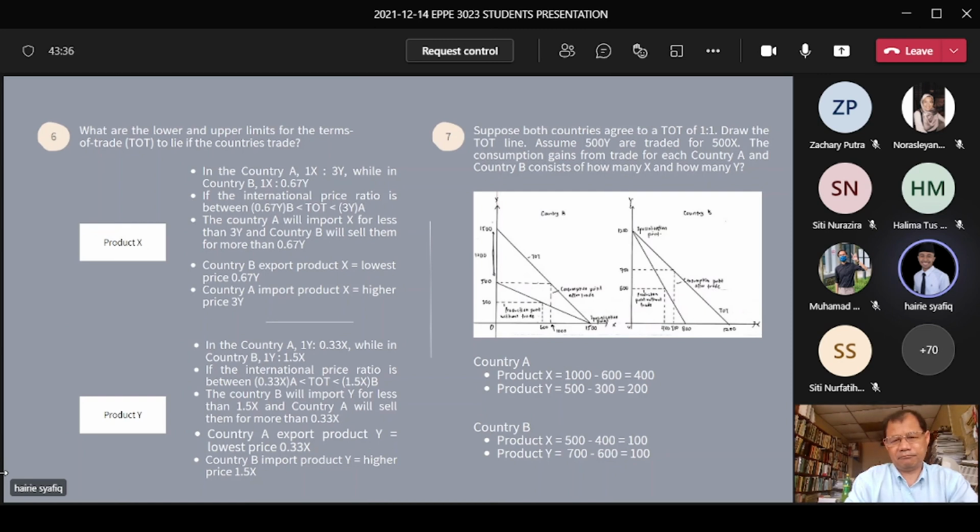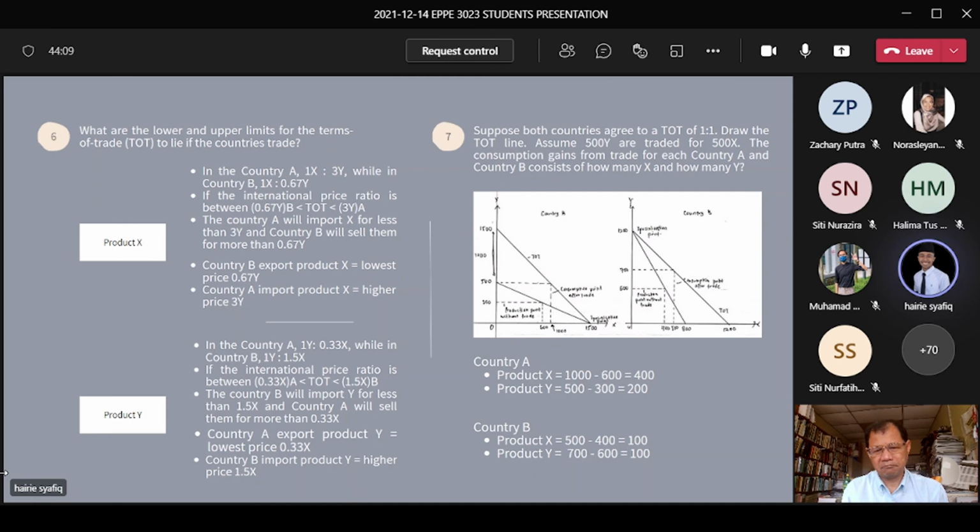The next question is, assume 500 of Y are traded for 500 of X. At country A, the trade ratio is 1 to 1. For country A, 500 of product Y is traded, so the specialization point goes to 1000.